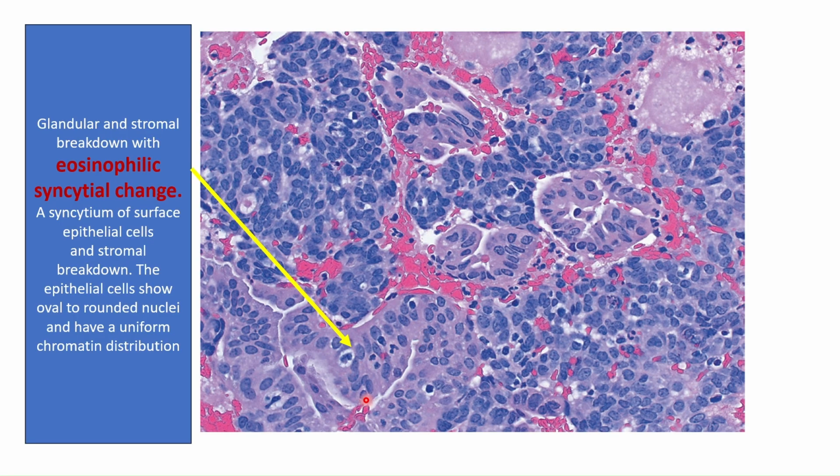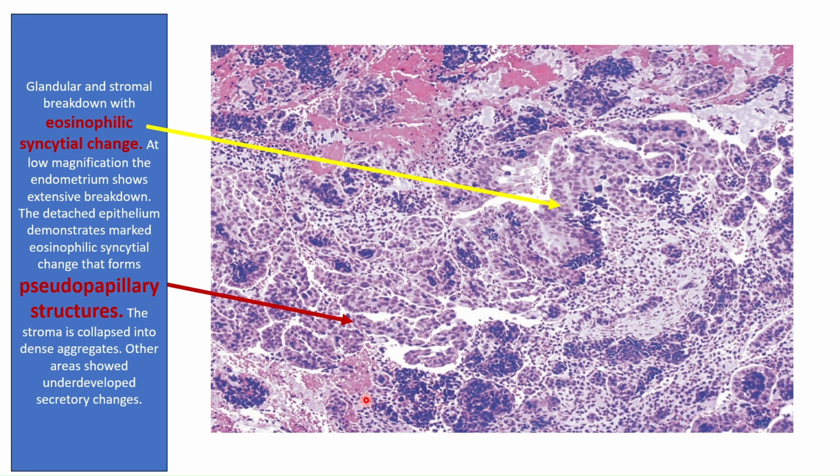So this is again a case of AUB. Here the syncytial pattern is easily identifiable, but some pseudopapillary-like structures are present in abundance.